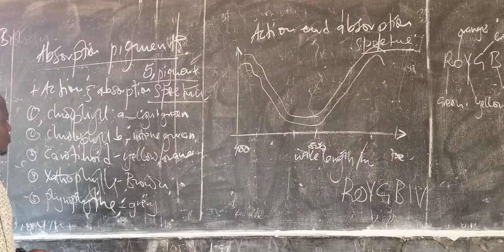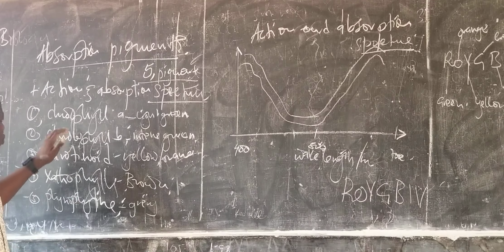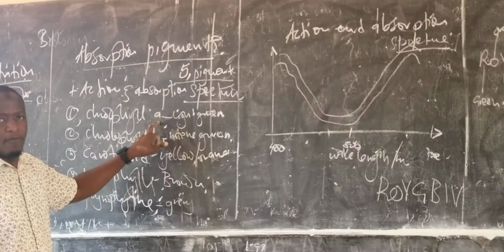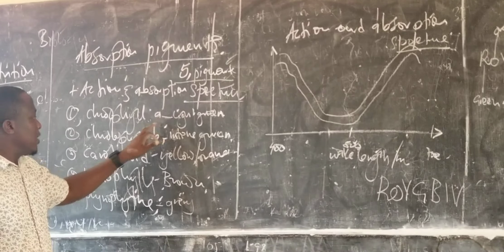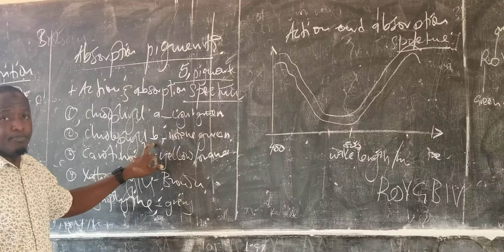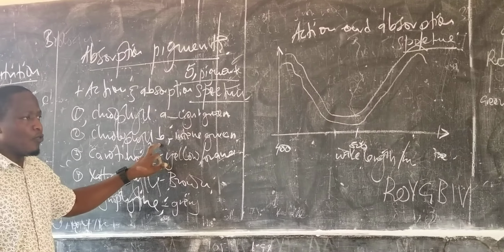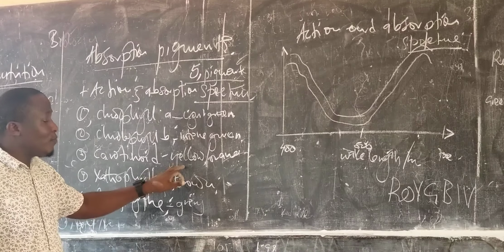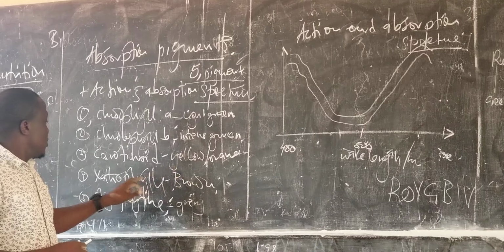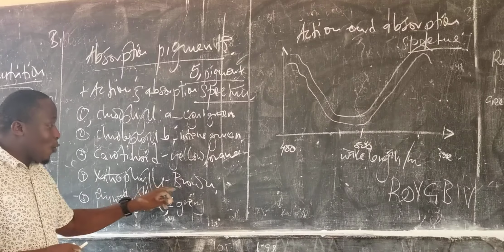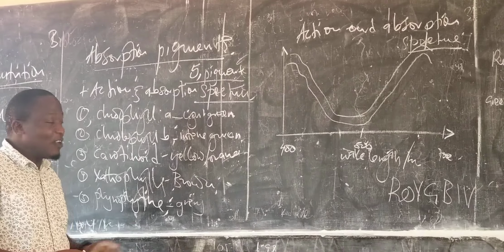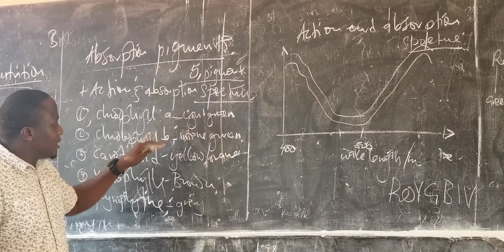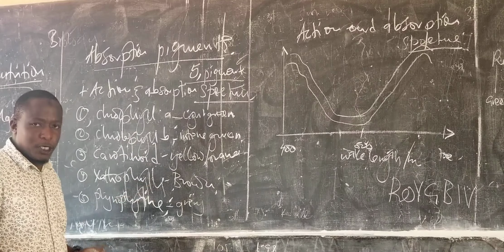I want to mention that chlorophyll type A absorbs light to a given percentage, as well as chlorophyll type B. So you realize that carotenoids are also absorbing light. Xanthophylls and pheophytin, all of them are absorbing light, even when you don't see it there. So the green is dominating, but all of them are performing the absorption.